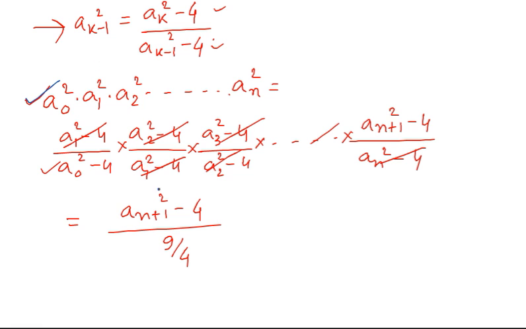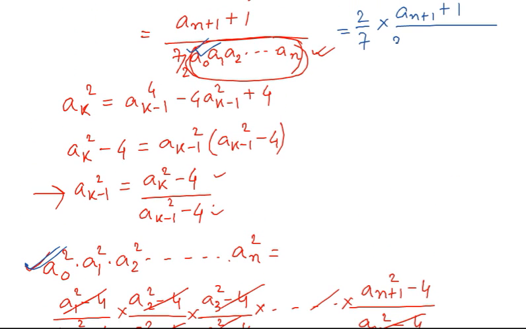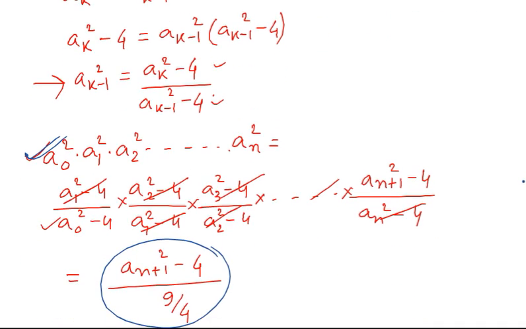We are getting it in the square format. So by taking square root on both sides, this is nothing but 2 by 3 into root an plus 1 square minus 4, right?